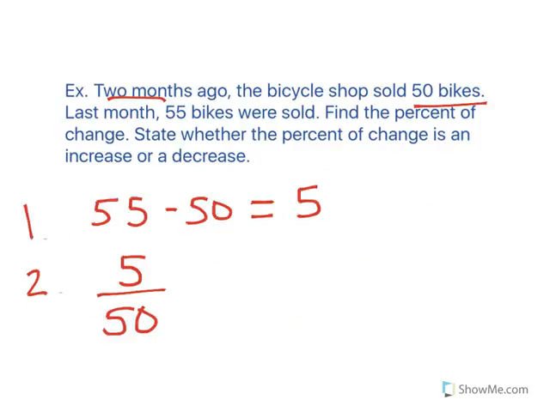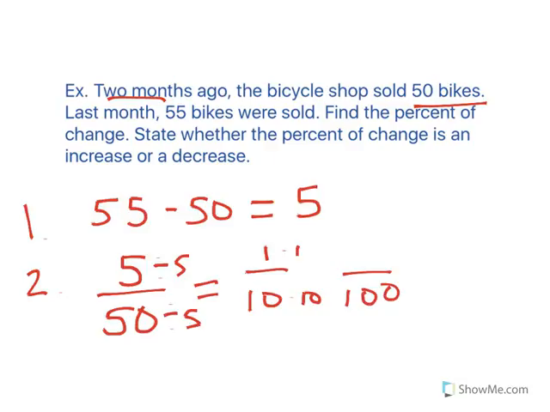So we need to turn this fraction into a percent. I'm going to reduce this to 1/10 because I divided both by 5. And to turn the fraction 1/10 into a percent, I have to get my denominator to 100. So I'm going to times it by 10, times it by 10. So it's going to be 10 hundredths or 10%.